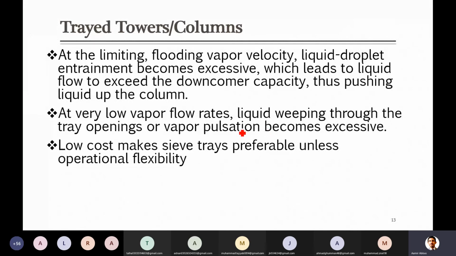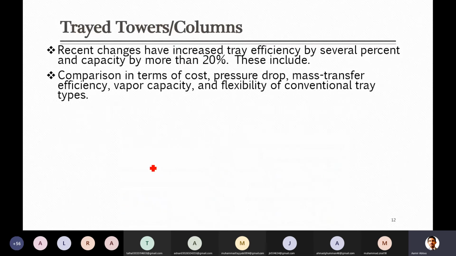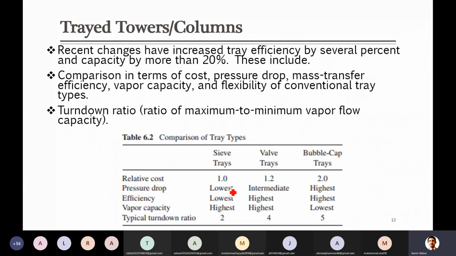In case of sieve trays, definitely this phenomenon is higher as compared to the others. So the sieve tray is preferable, as you have seen, in terms of cost, as long as it is not causing much trouble overall, as we have seen in the other factors, that it is just less costly. But if you look at this, yes, pressure drop is still low in this, but efficiency is also low, although it can handle the highest capacity.